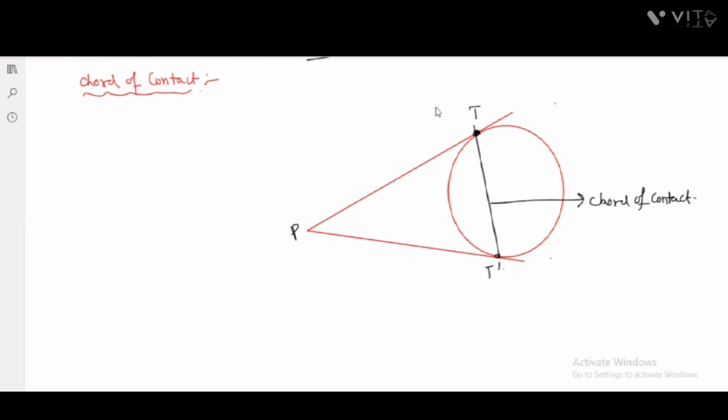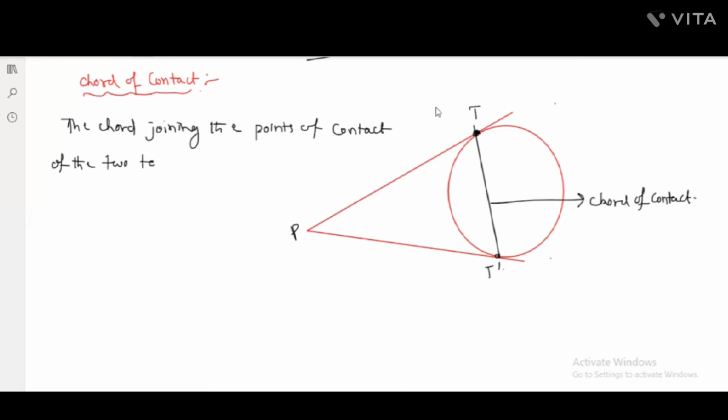So the definition, how can we write here? The chord joining the points of contact of the two tangents is called the chord of contact.